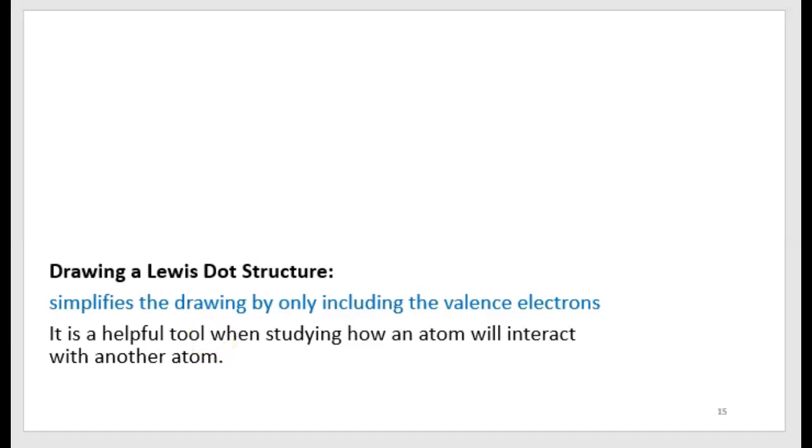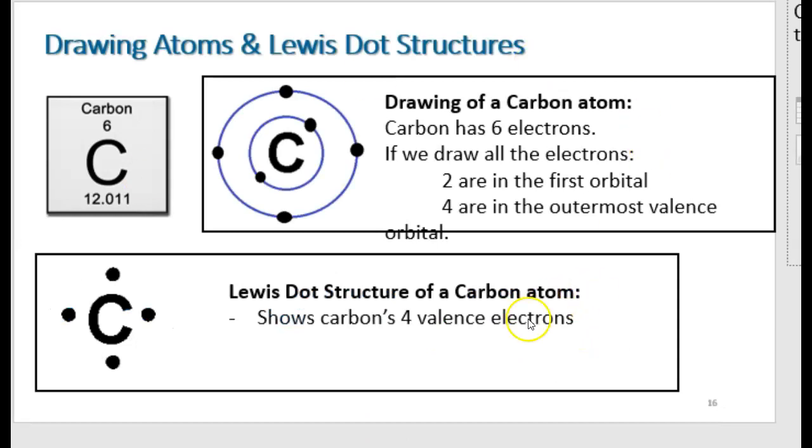That's really helpful because, as I've mentioned a number of times already, how an atom interacts with other atoms depends, generally, on the number of valence electrons it has. So we're going to look at an example here.